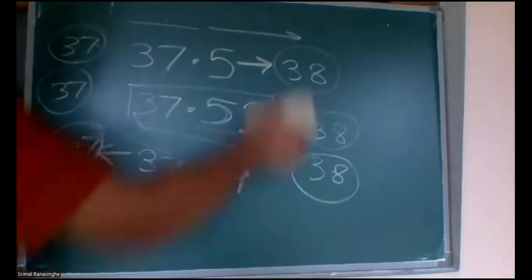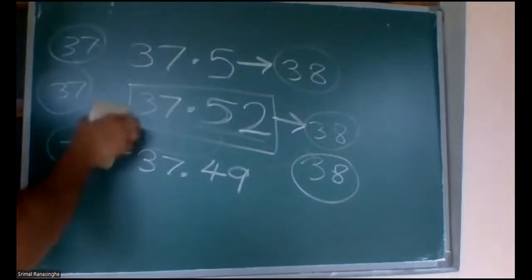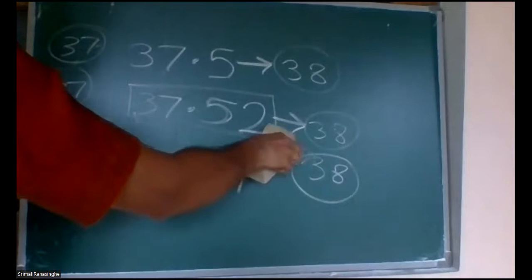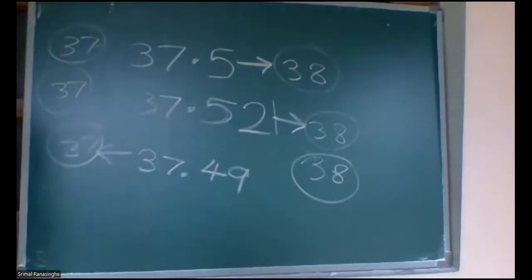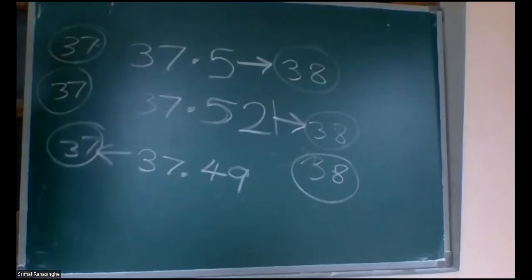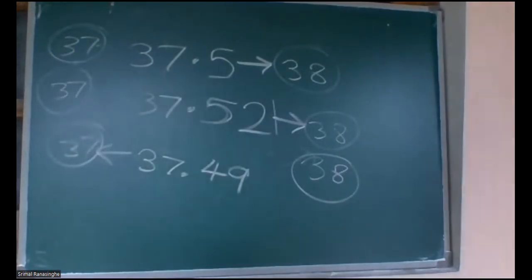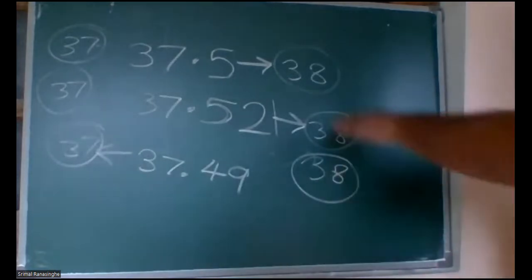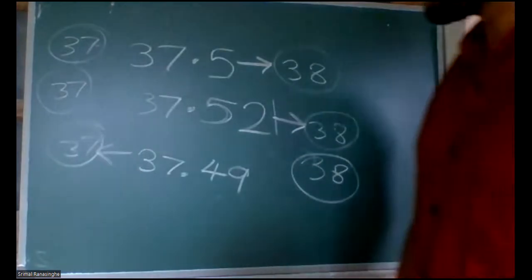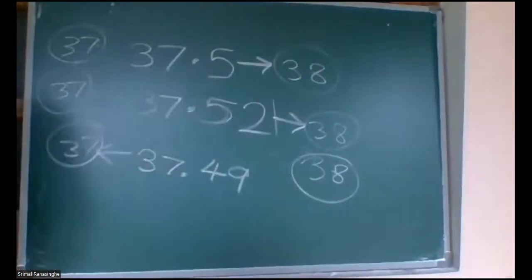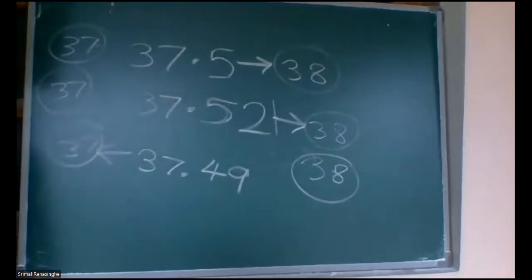Right. So write down this one as an example. 37.5, nearest whole number is 38.